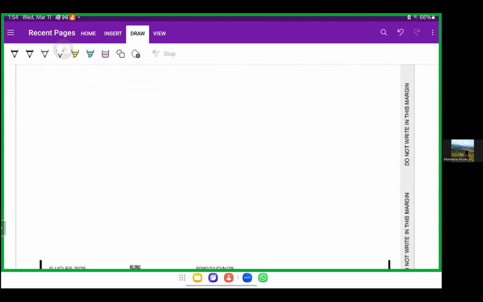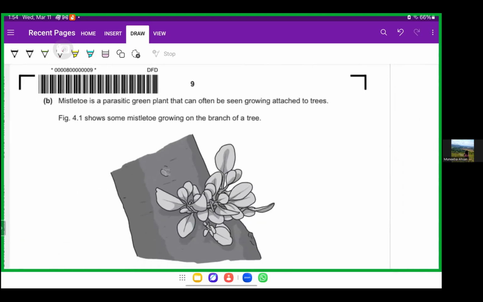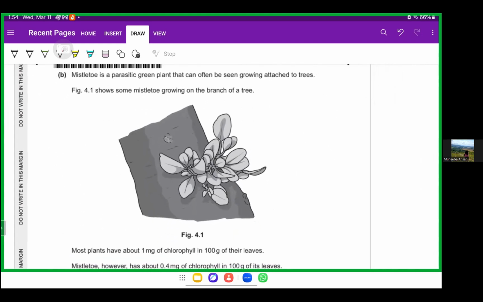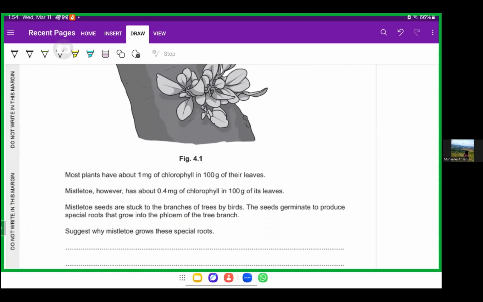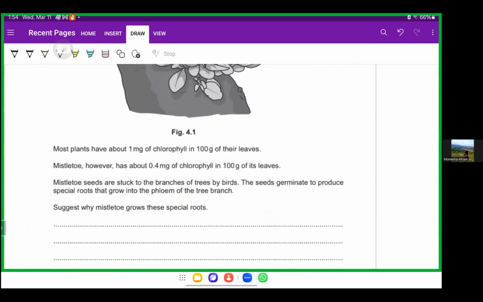Next part, it says that mistletoe is a parasitic green plant that can often be seen growing attached to trees. Figure 4.1 shows some mistletoe growing on the branch of a tree. Most plants have about 1 milligram of chlorophyll in 100 gram of their leaves.